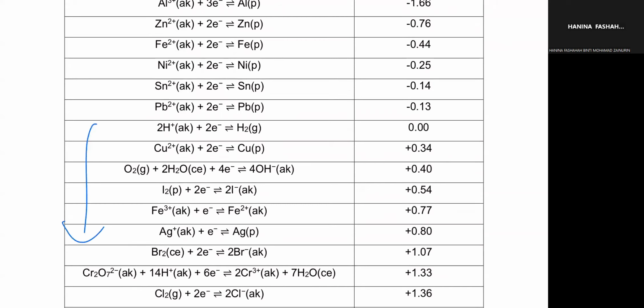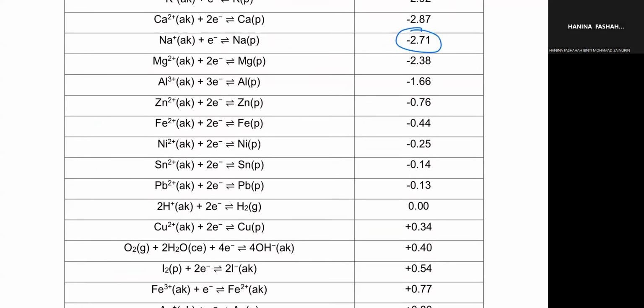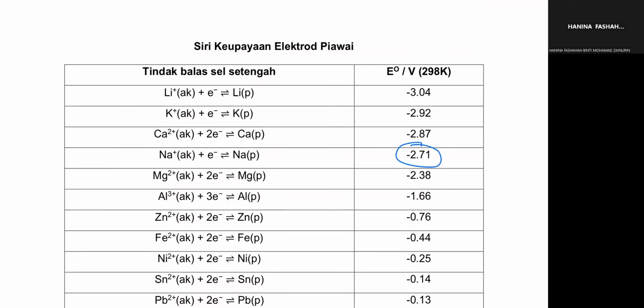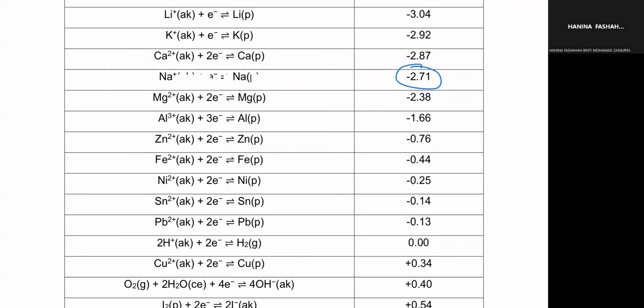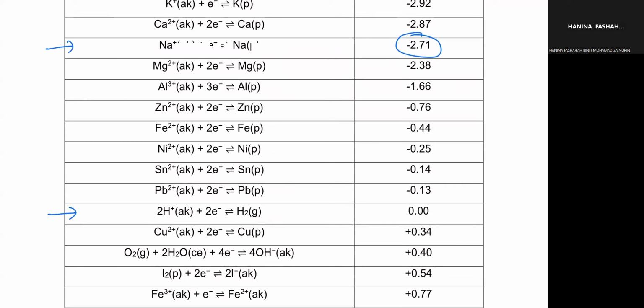If you want to choose the anode, always look at the top one. So for the cathode, there are Na plus and H plus. Which is more positive? Of course, H plus, since more positive means less negative, the same thing. So at the cathode you choose hydrogen ion.